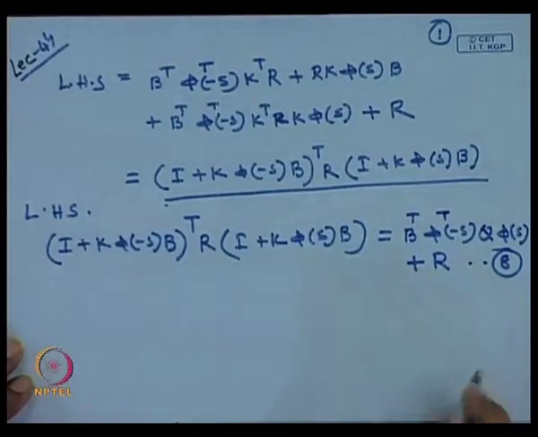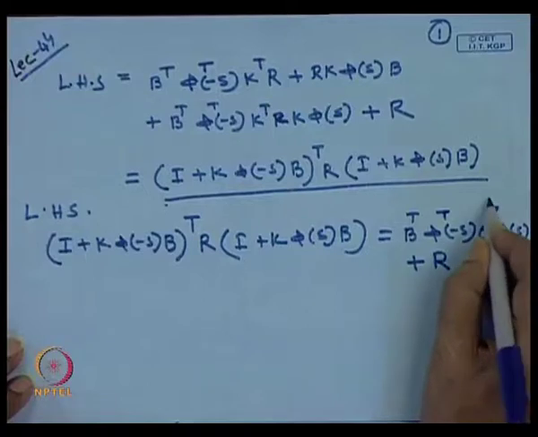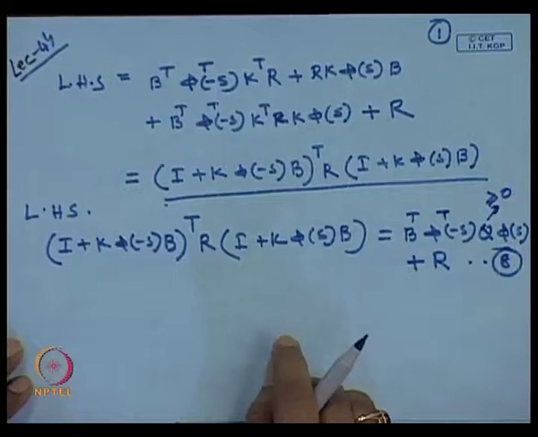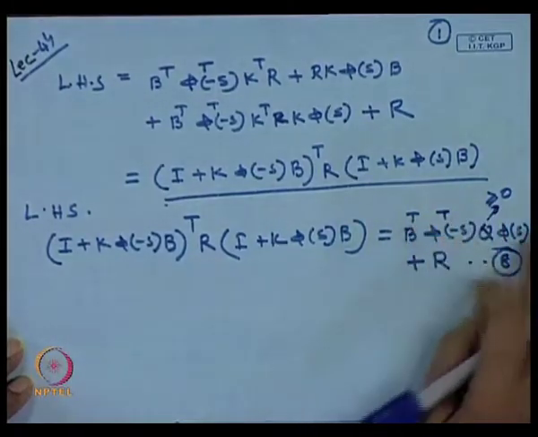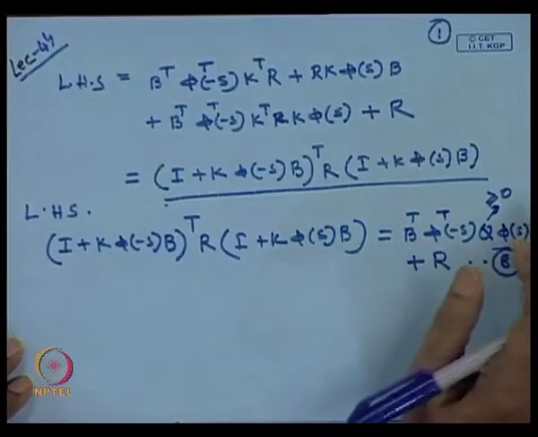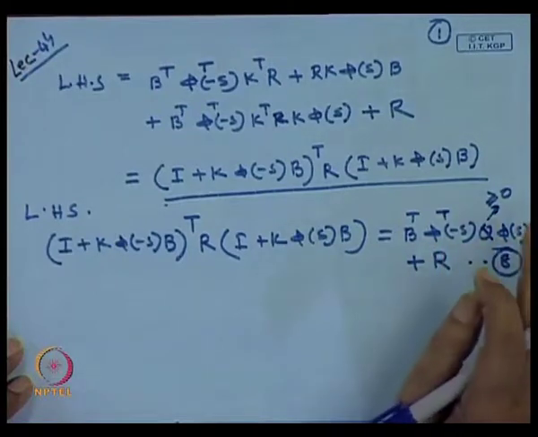Now, look at this one. Q is a positive semi definite matrix, and this quantity will always be a non negative number for any value of frequency. Okay.